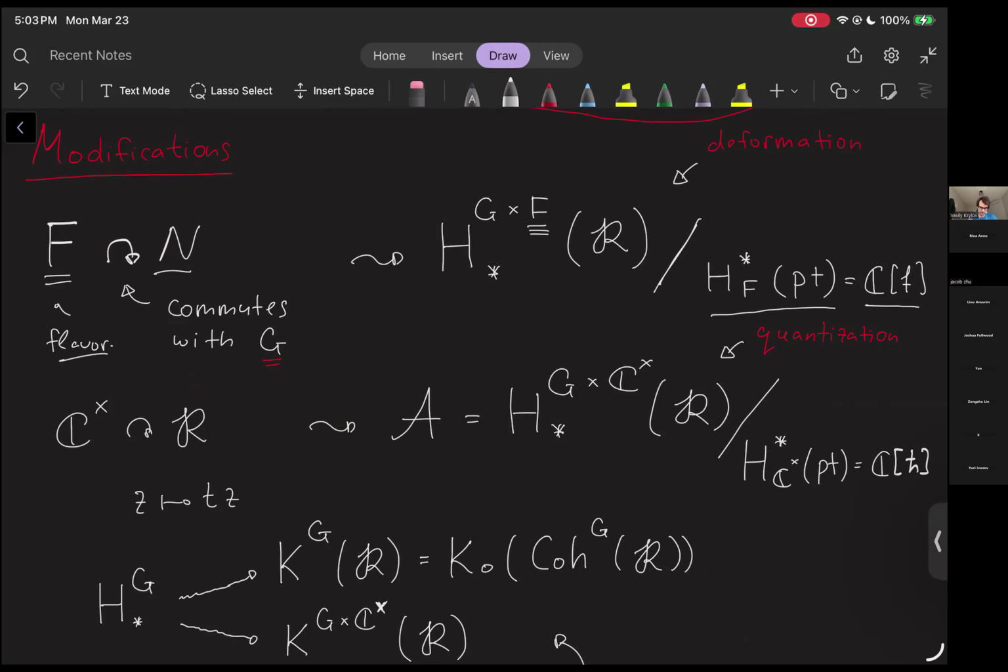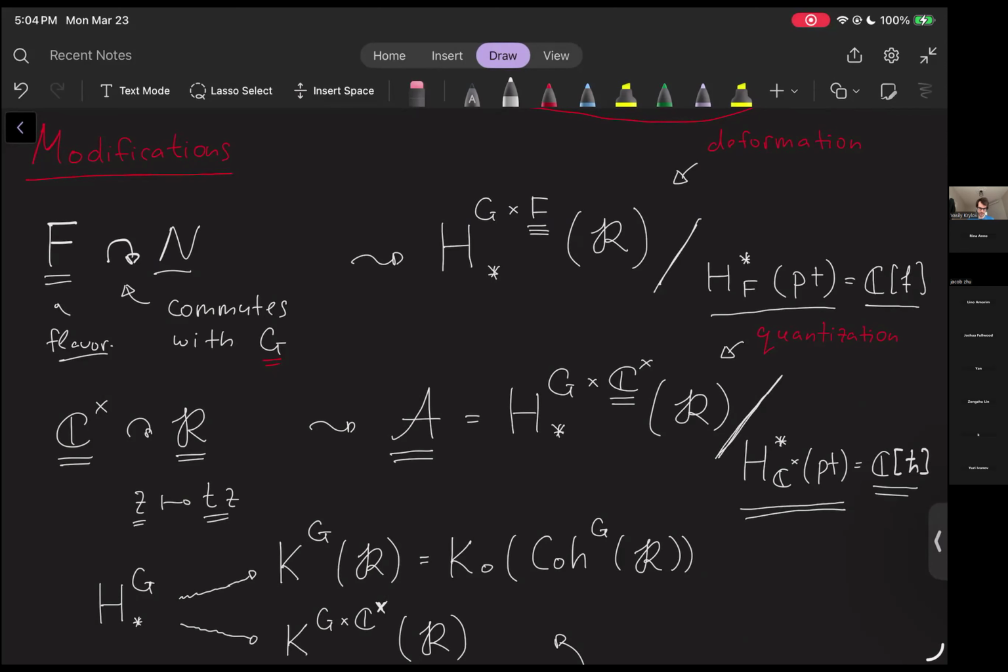And another important structure that we have is another action, namely a C star that acts on our space R, and the action of this corresponds to the so-called loop rotation action. So Z goes to TZ, like the coordinate on this formal punctured disk that we had. You can also add this C star to the equivariance, and then you will not get a commutative algebra, you will get a quantization of our Coulomb branch algebra, which I denote by A. Namely, you get some associative algebra, again over equivariant cohomology of a point that we identify with C of H bar.